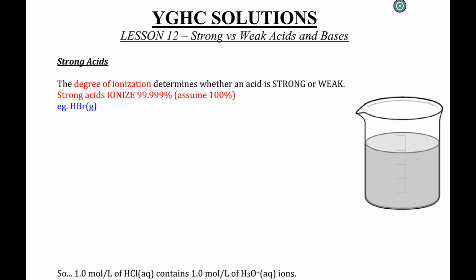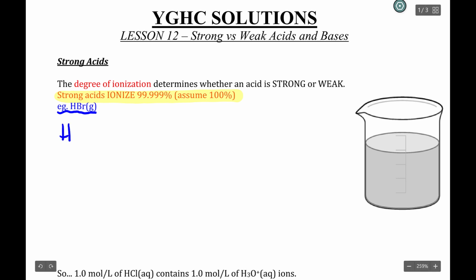What essentially is a strong acid is a molecule that ionizes 100% when it is put into water. Let me explain what that looks like. HBr gas is a polar molecule, and you can bubble it through water, and because it is polar, it will actually dissolve in the water.